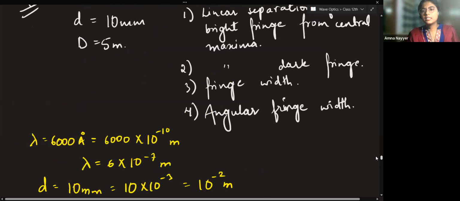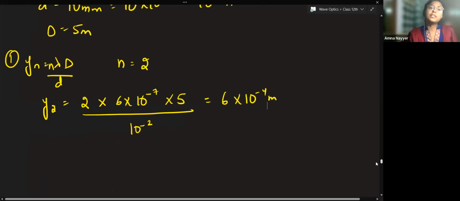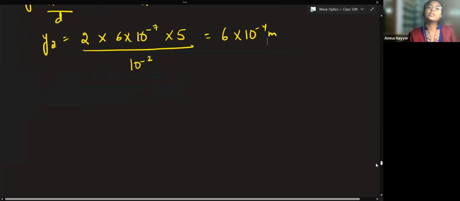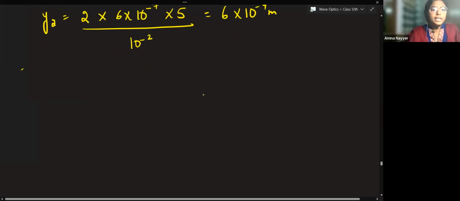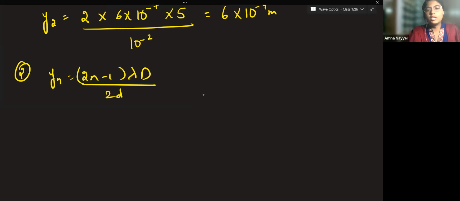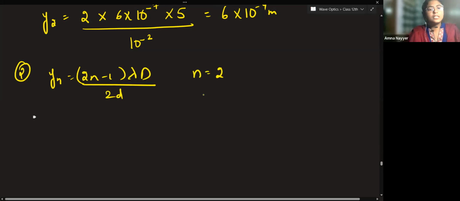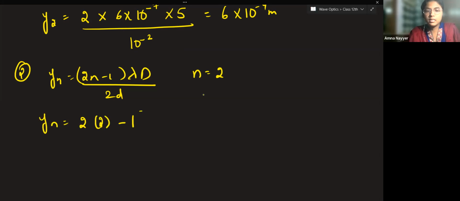Second part says same thing just for dark fringe. It means N is same, but the formula we'll use will be for the dark fringe. So for the second part, Yn will be equal to 2n minus 1 lambda capital D by 2 small d. And N is again here 2. So Yn will become 2 into N, N is 2, minus 1.